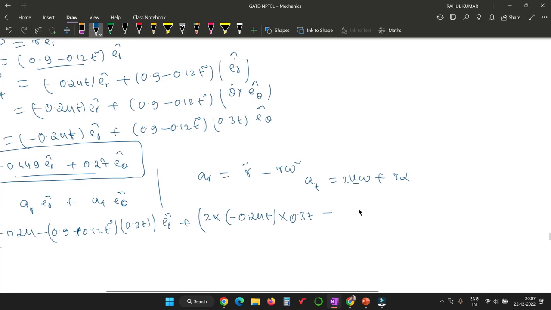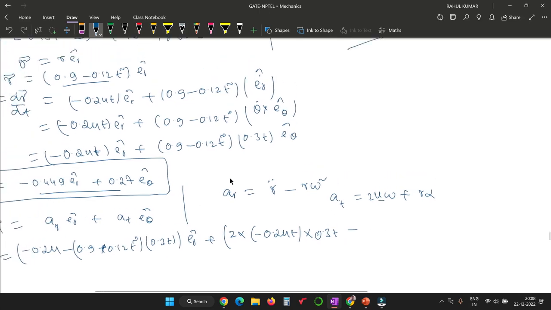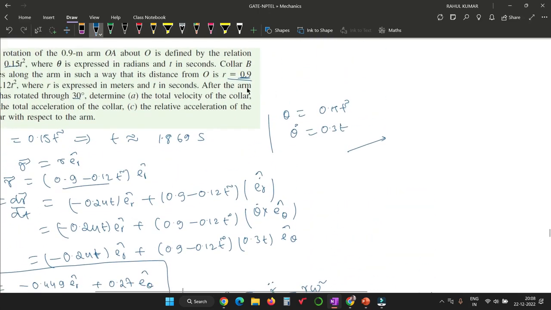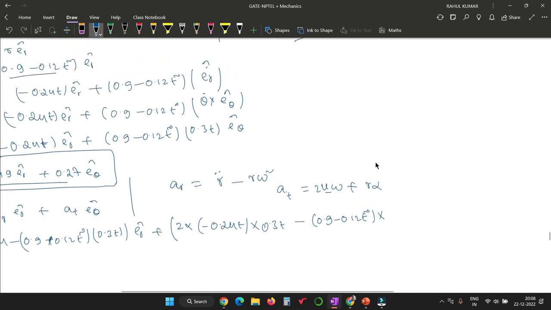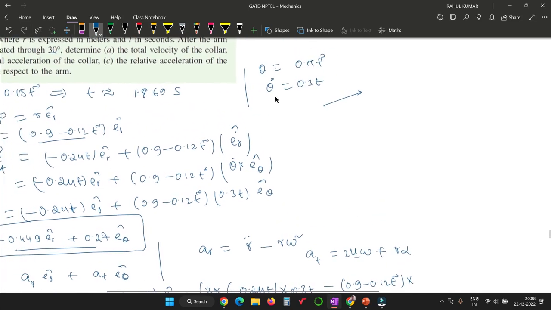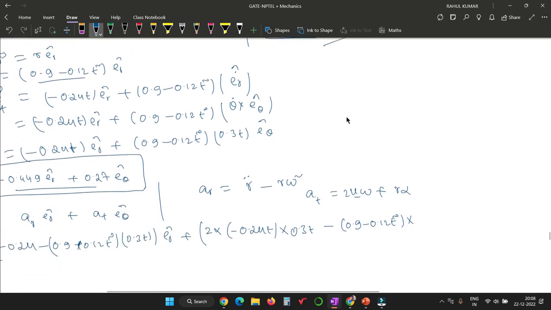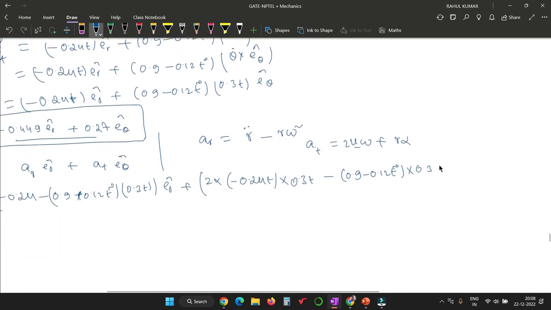So that is 2 v omega. And now r is already given, 0.9 minus 0.12 t square, into alpha. Alpha is the derivative of omega, which is nothing but 0.3.